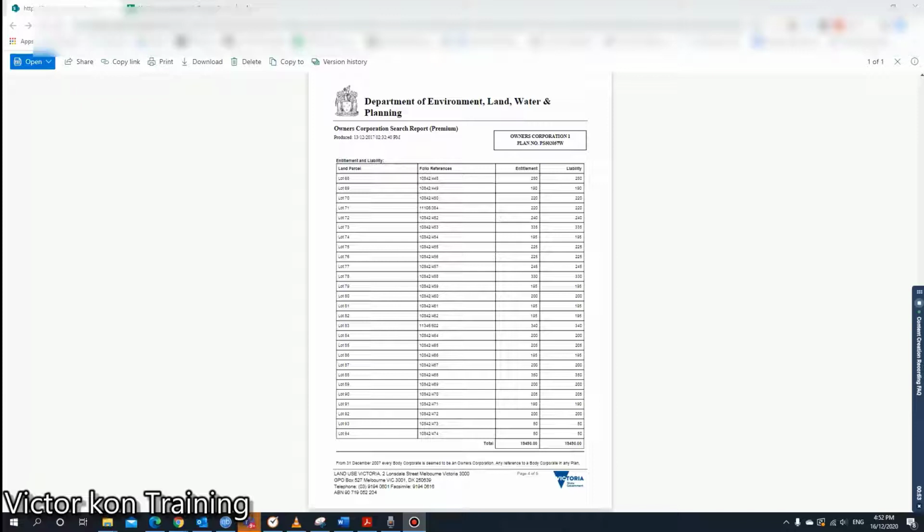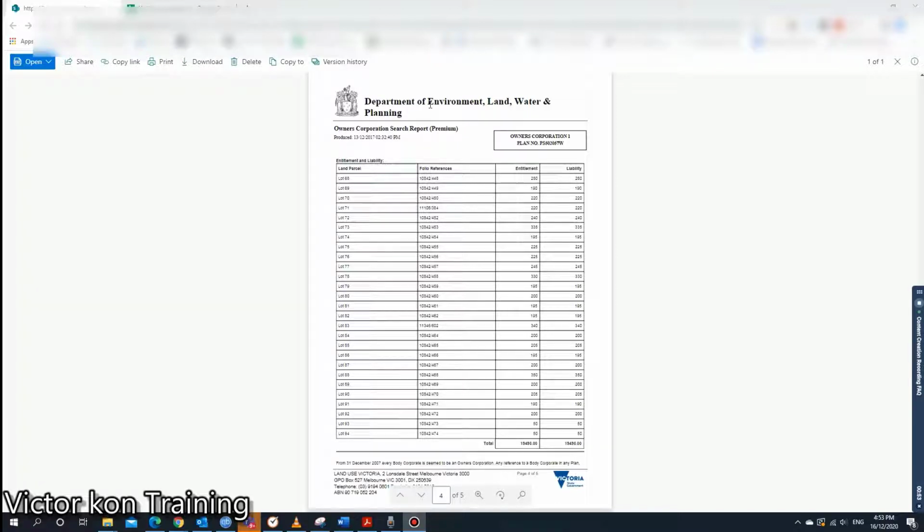Number one, your OC fees may not be the same as your co-owners, because your OC fees will be based on, and I'm going to introduce this term, entitlement and liability. This is extracted from the Department of Environment, Land, Water and Planning report.